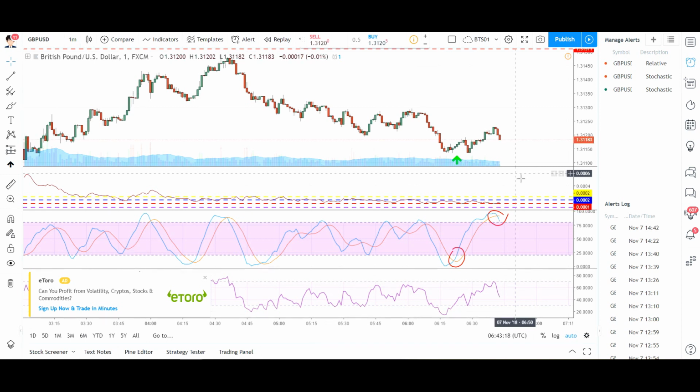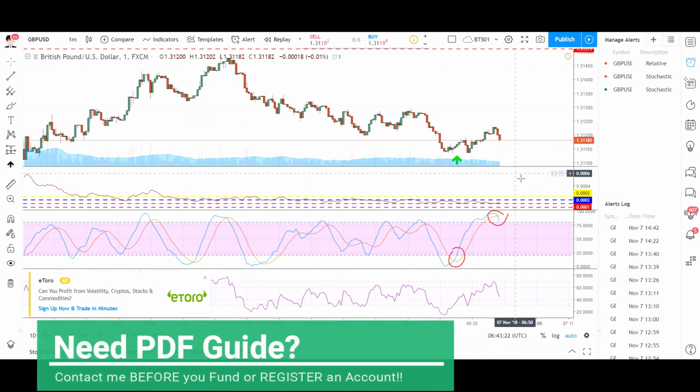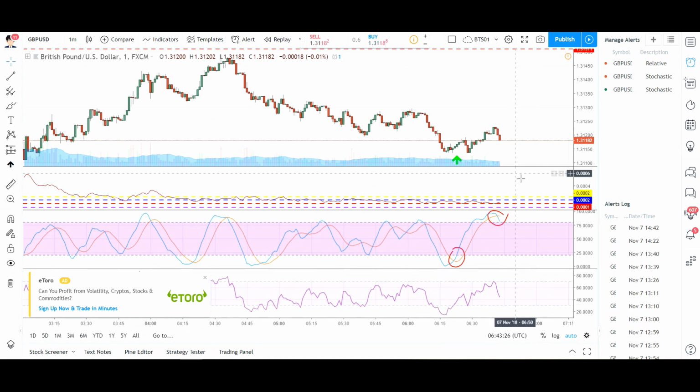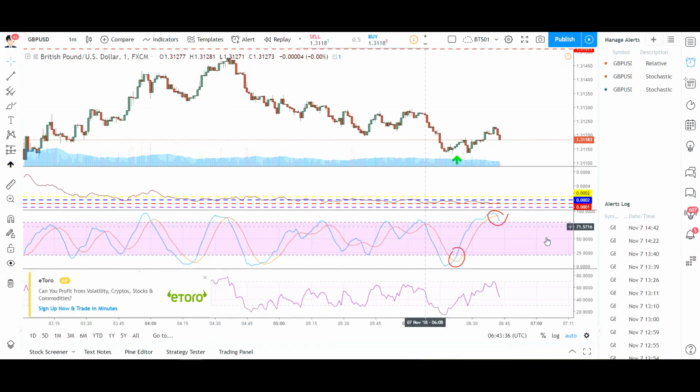Alright, so do take note that the alarm happened at 6:42 and 50 seconds, so it might be different from the previous one. Five more seconds and we're gonna check. Right, now it's 6:43 and 30 seconds, and the stochastic RSI is still crossing, so we are going to turn on the robot right now. It's a little different because it depends on when the alert comes up.